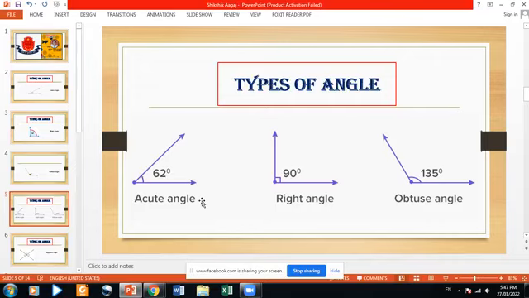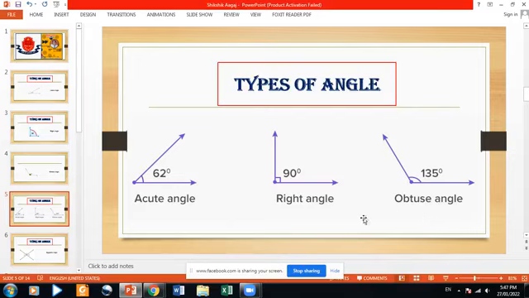Measuring an angle is a very useful skill. So practice measuring the angles, and if you measure the angles, you will quickly identify whether it is an acute angle, right angle or obtuse angle.